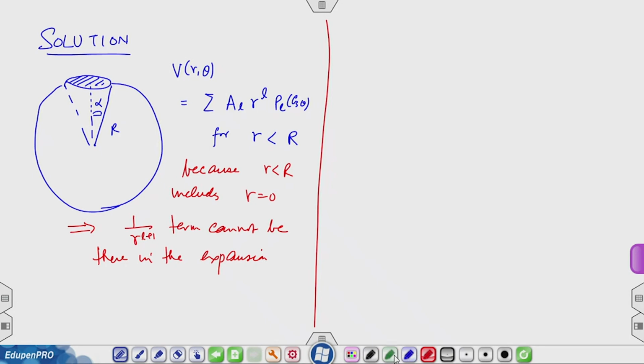And for r greater than R, V(r, theta) is going to be equal to summation B L over r raised to L plus 1 P L cosine of theta. How do we find B L and A L? Again, we use the boundary conditions.